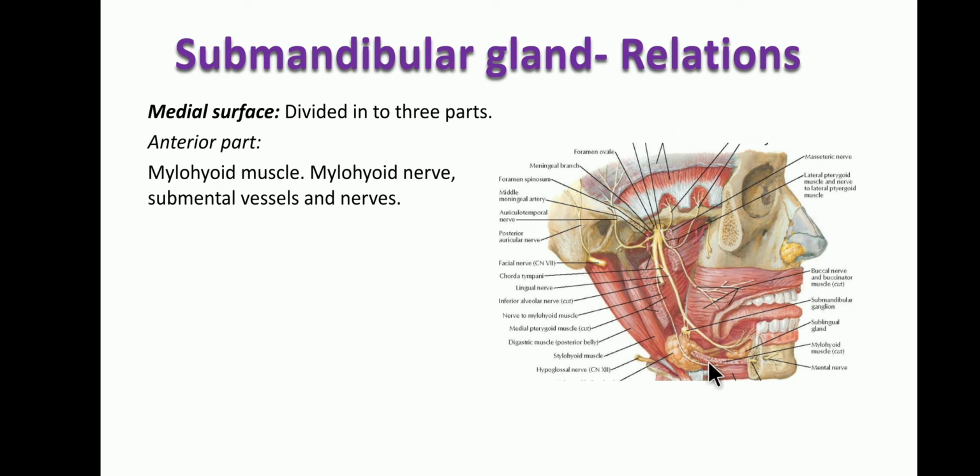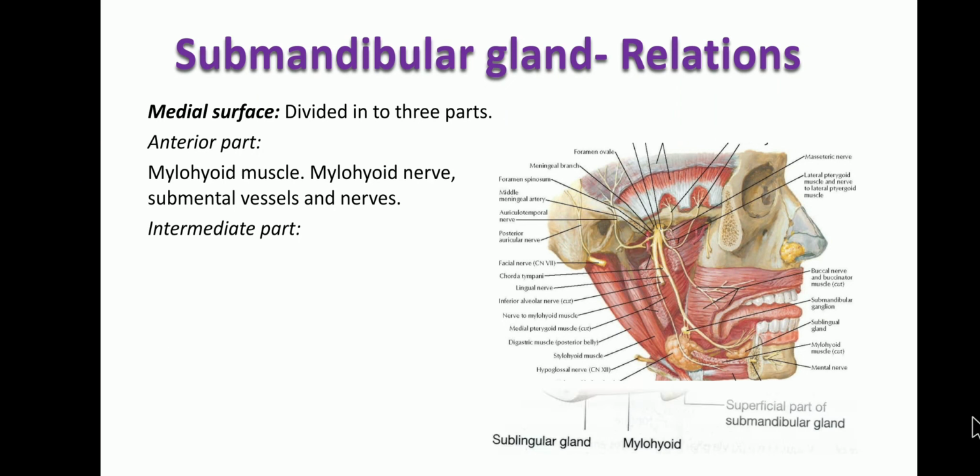The mylohyoid artery is again a branch of the inferior alveolar artery. Then anteriorly you will also come across submental vessels. Okay, the submental vessel is again a branch of the facial artery. So the anterior part is related to the mylohyoid muscle, and the mylohyoid vessels and the nerves.